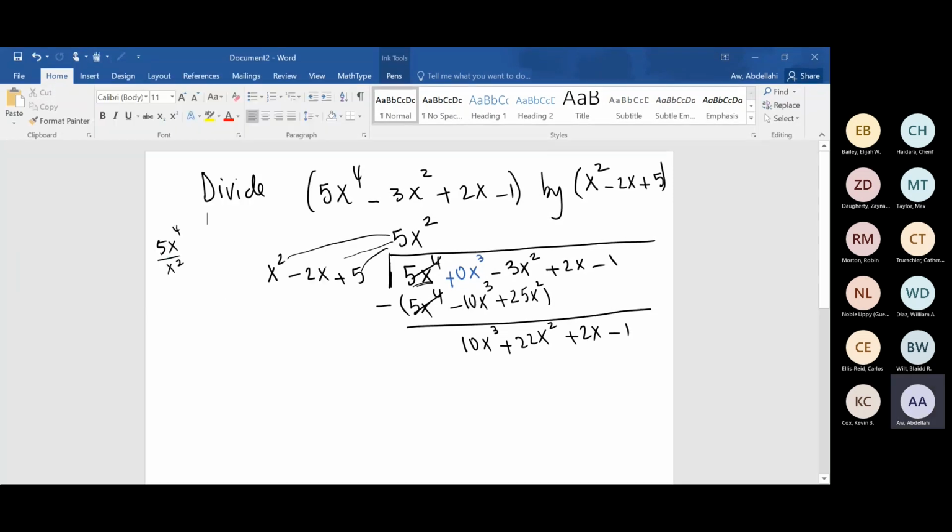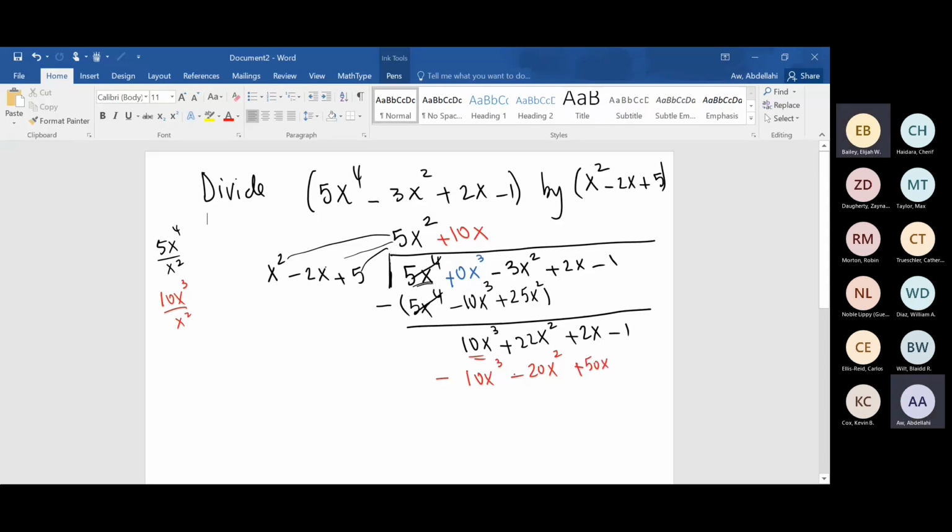The next one is 10x cubed divided by x squared is 10x. We do the same distribution, we get 10x cubed minus 20x squared plus 50x.